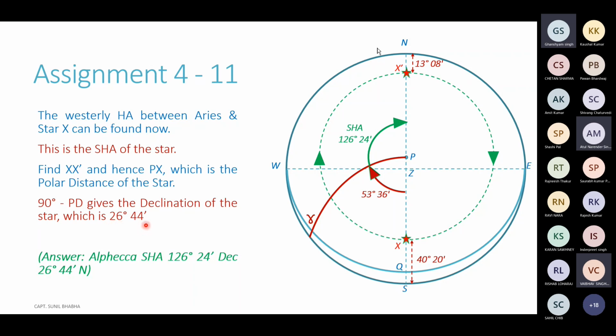So we get the declination of the star 2644. We get the SHA of the star, which is 126 degrees 24 minutes. With these two values, we can now go into the star information table on page 268, and we can look for this particular SHA. And from there, we find out that this particular star is Alpha, having this given SHA and declination.